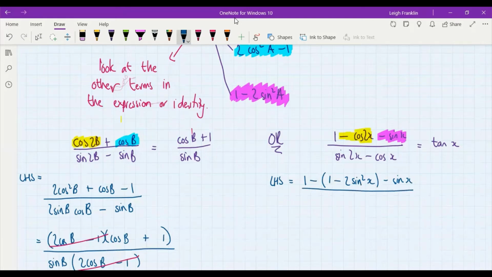Okay, can you see how also in this case, choosing 1 minus 2 sine squared x cancels out the 1. Okay, so very, very useful.